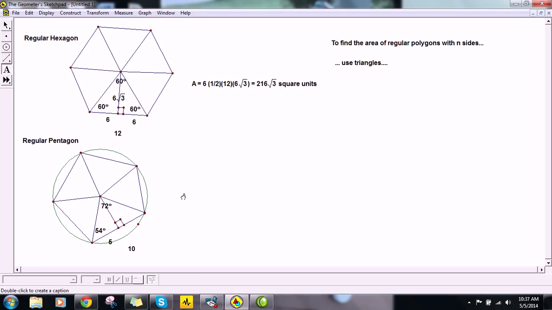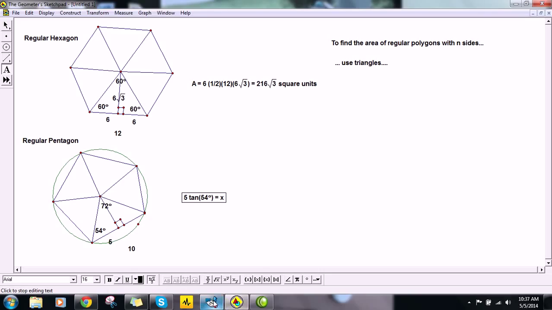So tangent of 54 degrees is equal to the ratio of the side I'm looking for, opposite, over the adjacent, which is 5. Multiply both sides by 5, and we get the altitude of any one of those 5 congruent triangles, which is also the apothem, the distance from the center of the circle to the chord.